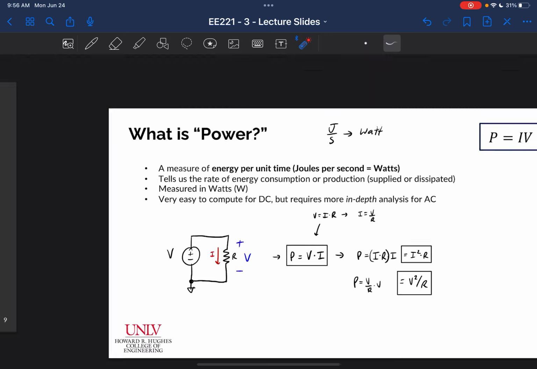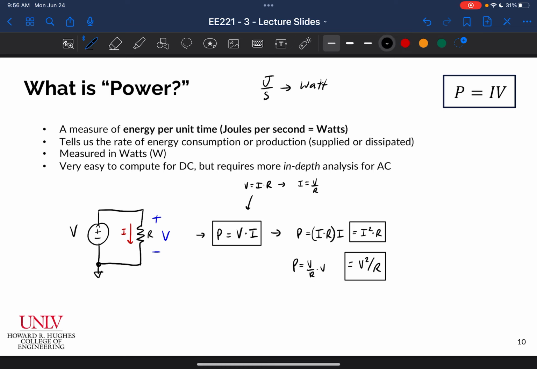Just noting that power is equal to I times V, and recalling that V is equal to I times R for a resistor, you can develop or derive all three of these expressions for finding the power.